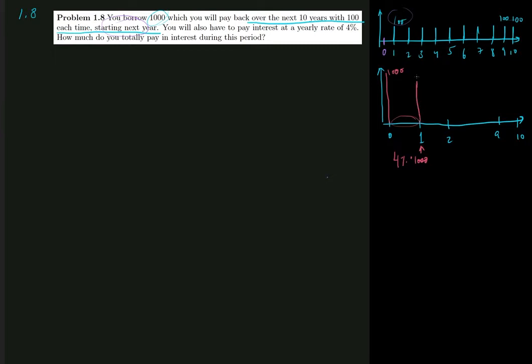Now, at time 1, you pay back 100 of the loan, so you have 900 at your disposal during this year, which means at time point 2, you have to pay 4% multiplied by 900 in interest. And that's how it goes on until the end of year 8 and the beginning of year 9.